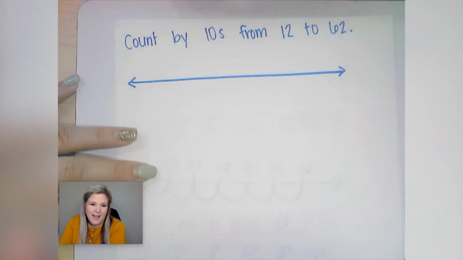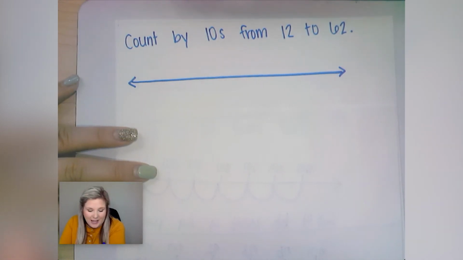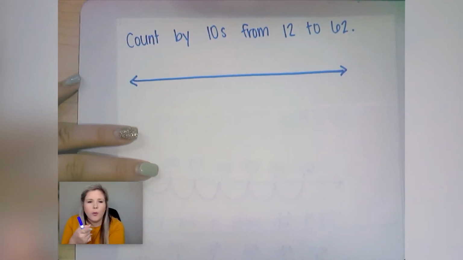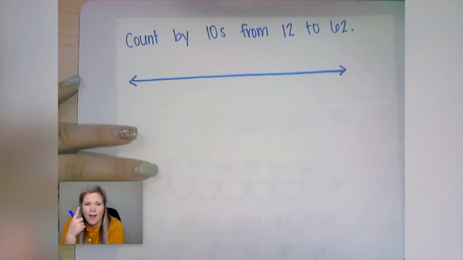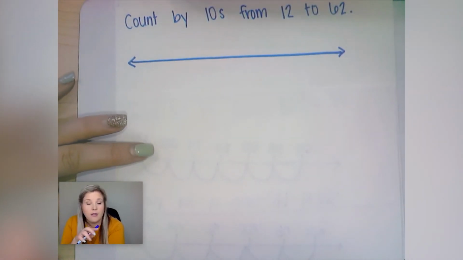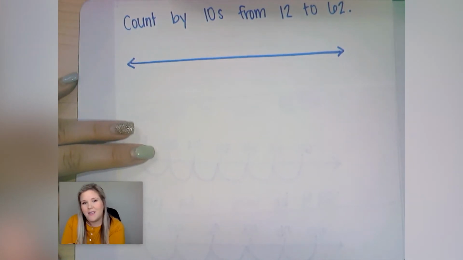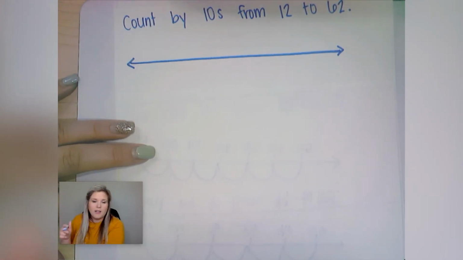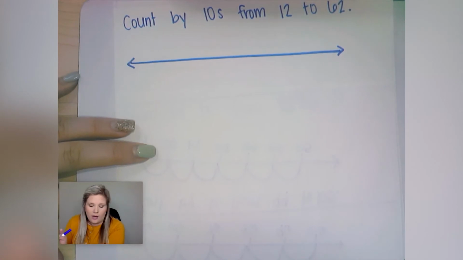What do we need to do next? Absolutely. We need to draw our counting marks. Before we draw our counting marks, though, how big should they be if we're counting by tens? That's right. Let's space our counting marks out a little bit more than we did when we were counting by ones because we're counting by tens.